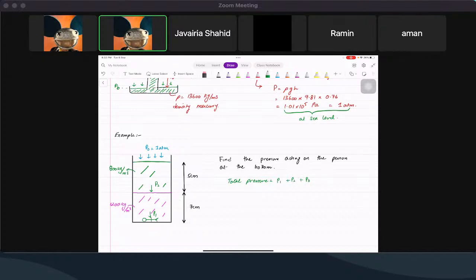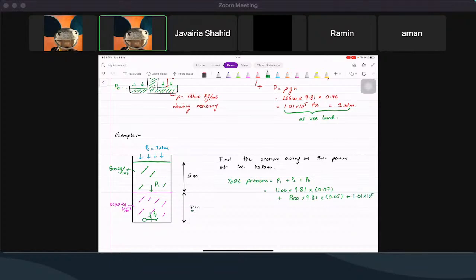Then we can write that this P1 is 1200 times 9.81, because we're doing rho gh, times only the depth of the liquid we're looking at, which is 7 centimeter, that is 0.07 meters, then plus the other liquid on the top, which has 800 density, 9.81 as gravity, and the depth is 0.05, so you're only going to take the depth of that particular liquid, plus the atmospheric pressure, which is 1.01 times 10 raised to power 5.